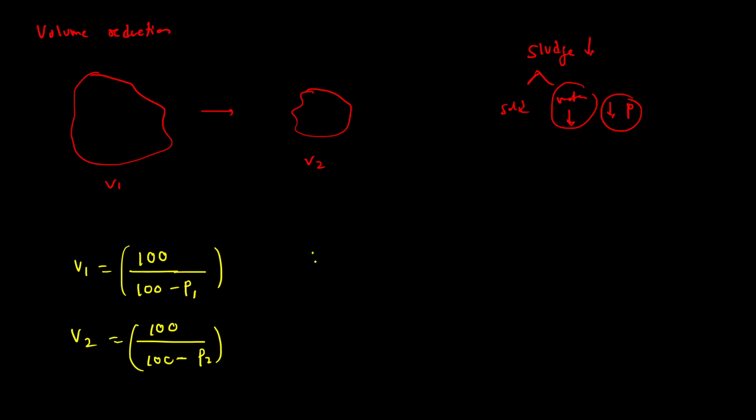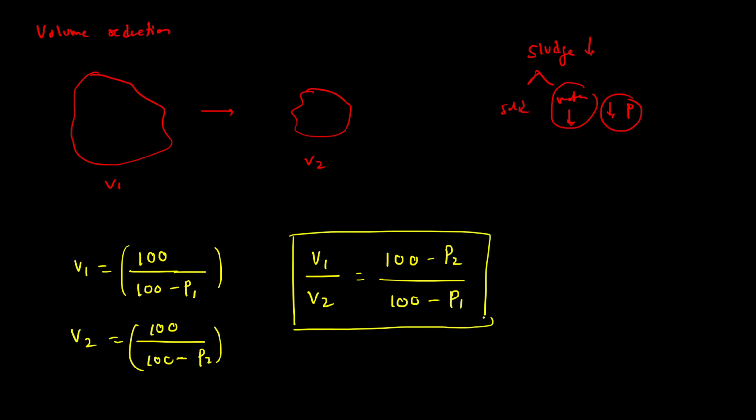If we take the ratio of this, we will get V1 by V2 is equal to 100 minus P2 by 100 minus P1. Here V1 and V2 are the volumes, and P1 and P2 stand for moisture content.